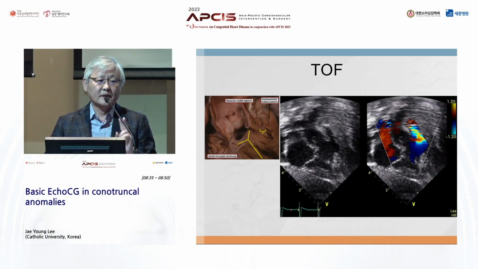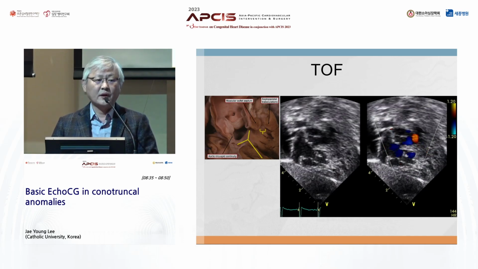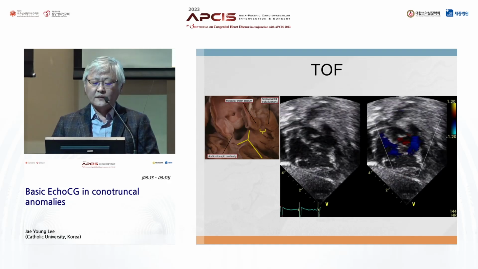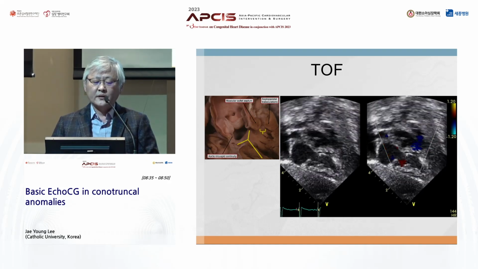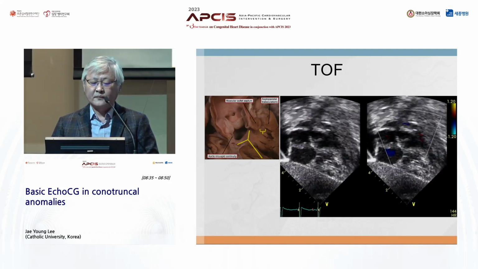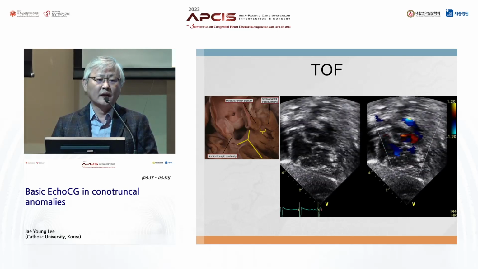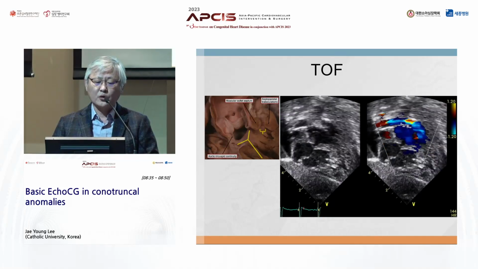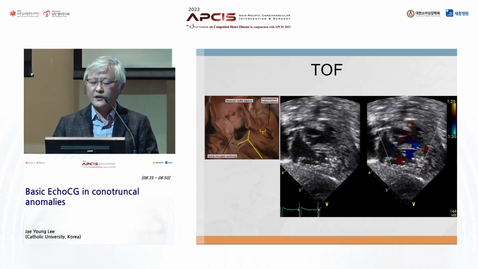Again, like this specimen, subcostal RA view here: aortic valve, large VSD here, deviated conal septum, and septoparietal trabeculation, and squeezed pulmonary outflow tract. In this view, we can also see the right pulmonary artery here.